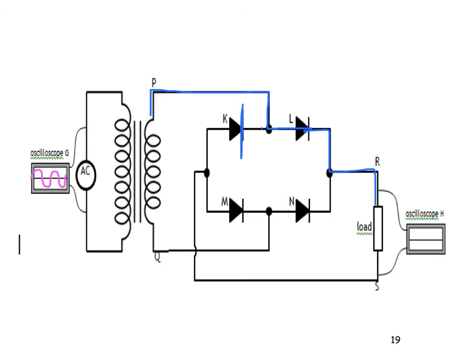Goes through the load, comes along, it needs to go back to the negative somehow, and it obviously cannot go up here, because you can't have some current coming that way and some current going that way. So it has to come down, around, and then it is able to go back home again.